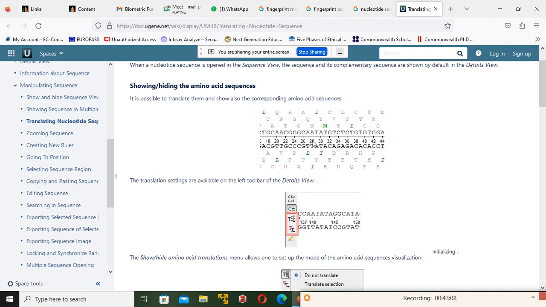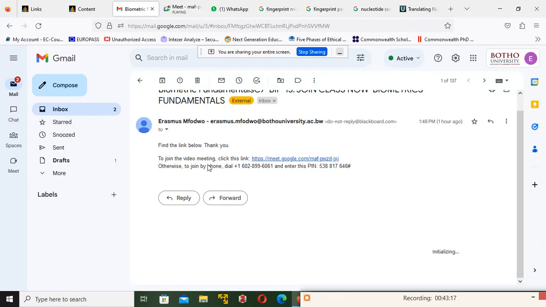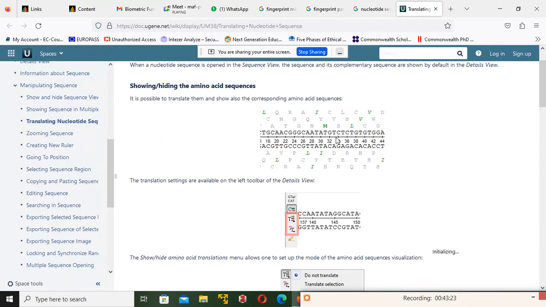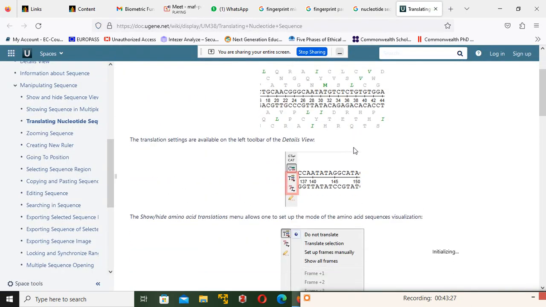So the DNA is being processed into what is called genes. The reason why they say everybody's DNA is different is because of the genes.